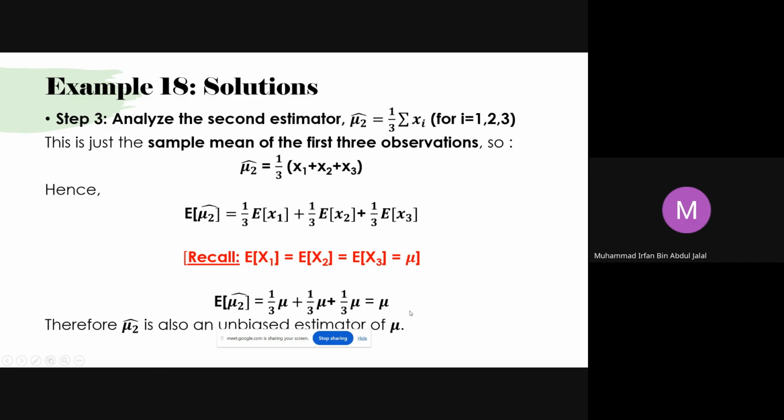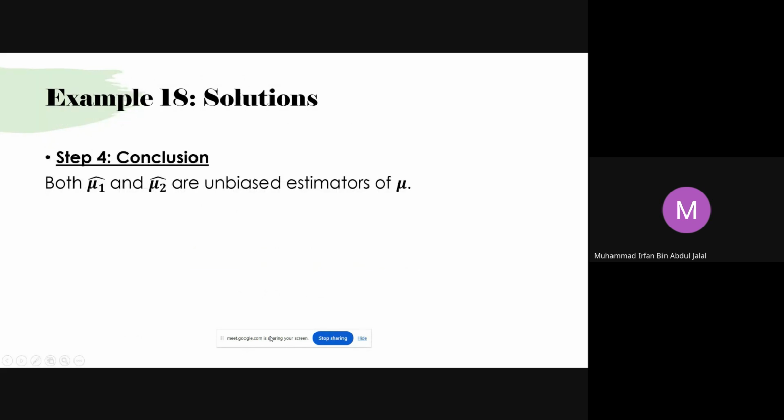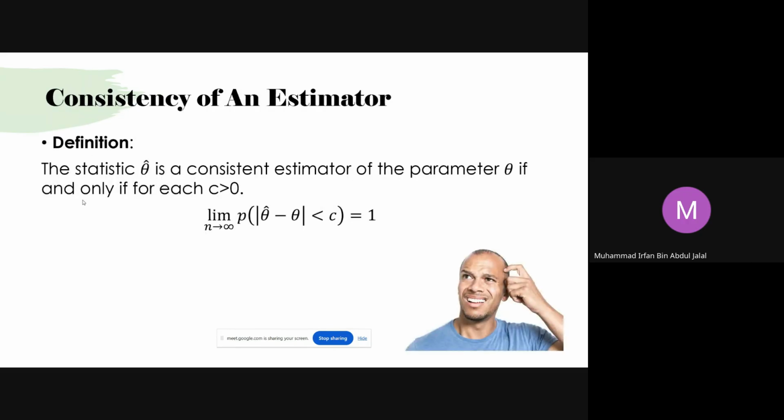So mu2, the second estimator, can also be considered an unbiased estimator for mu. As a conclusion, both the first estimator mu1 and mu2 are unbiased estimators of mu. Okay, so now we are going to move into consistency of an estimator.